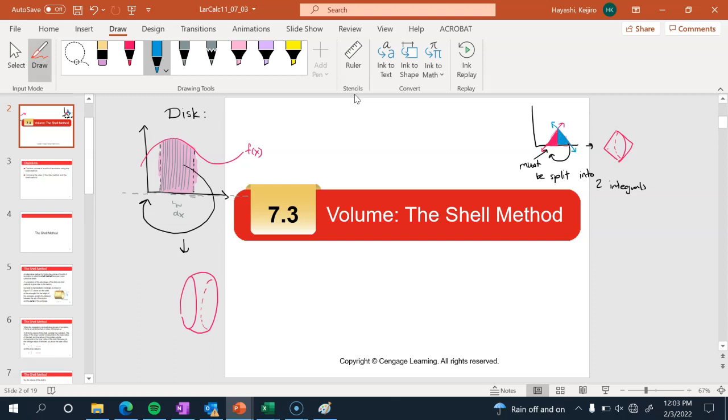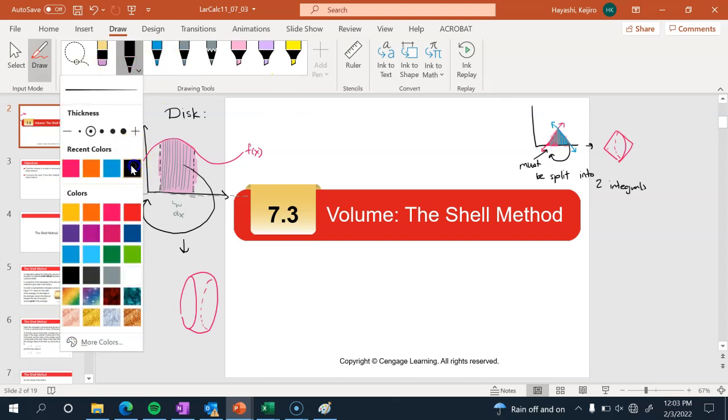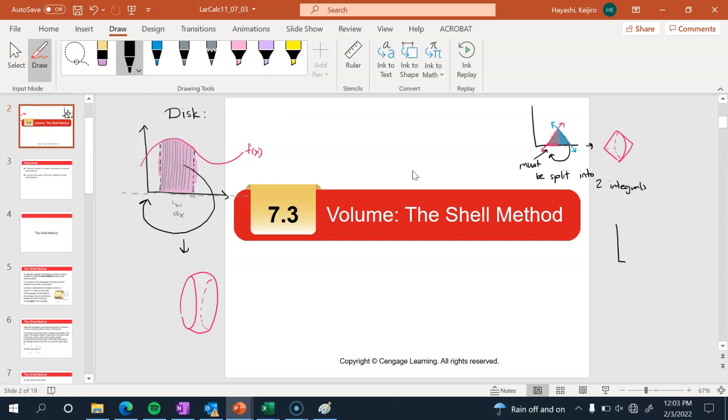Which is not optimal, but that has to be done if all you know is the disk method, because you're going to be forced to do this dx in that case. But if somehow it were possible to obtain the same solid with an integration dy, that would be real nice.